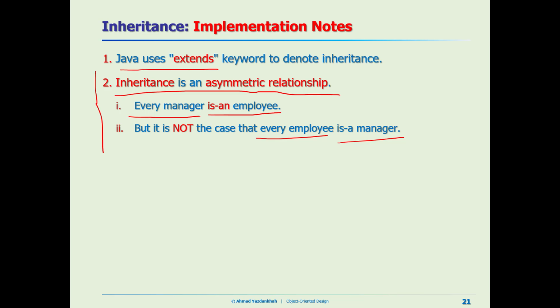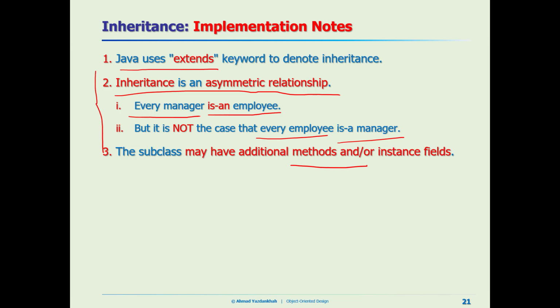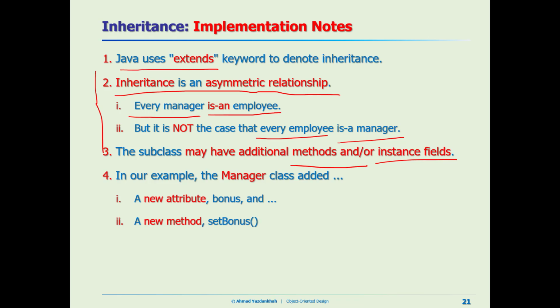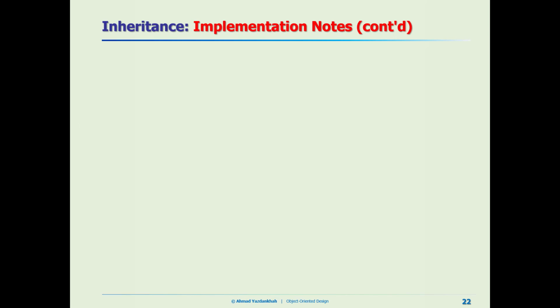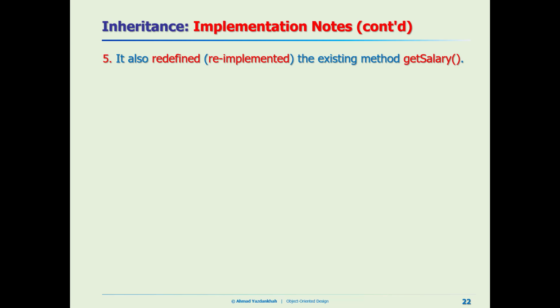All right. So the subclass, the manager, can have additional methods in this example, and also instance fields or instance variables or attributes, right? So in this example, we added a new attribute, bonus, and a new method, set bonus, and also we redefined the get salary, all right?